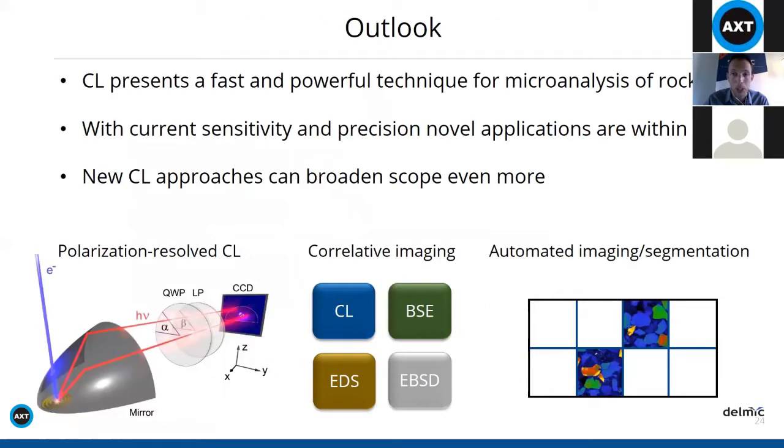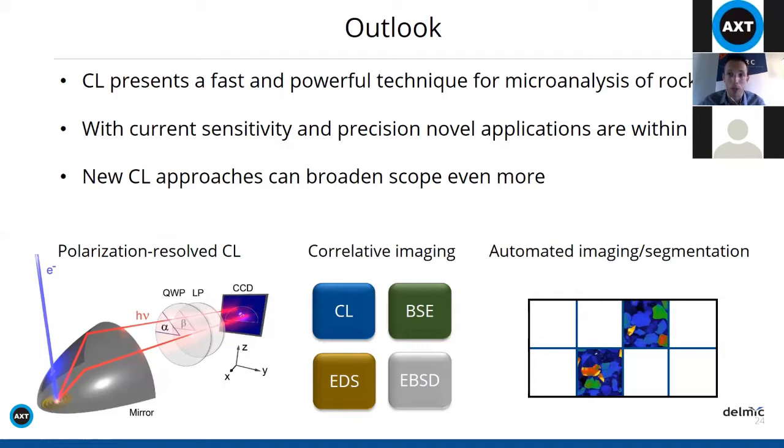So these were the examples that I wanted to show. Keep in mind that they're just examples, and you can apply it to almost any rock type there is. Nevertheless, cathodoluminescence presents a fast and powerful technique to do microanalysis on rocks, and is complementary to other techniques that are already out there.